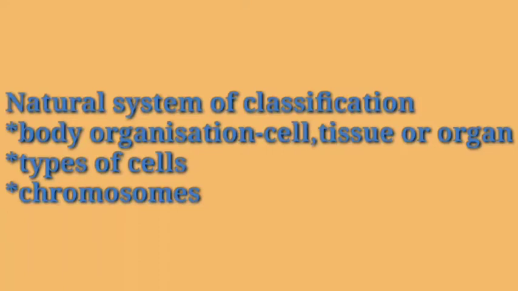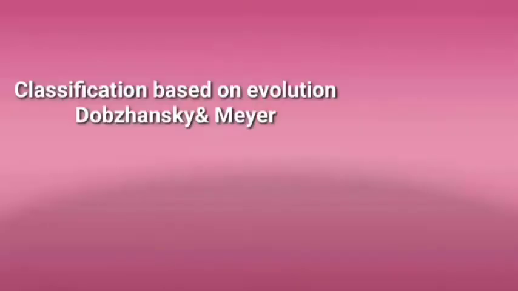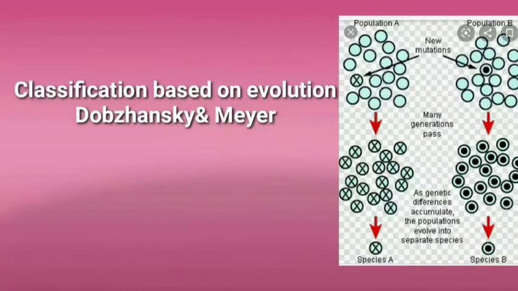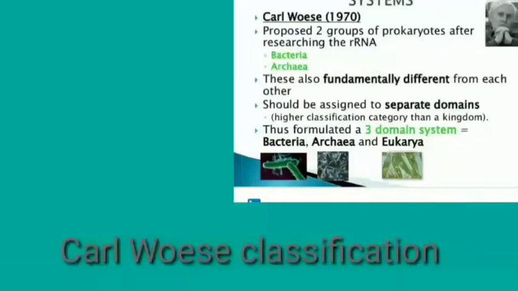Next is types of cells and chromosomes, etc. Certain characteristics were considered in this natural system of classification. Later on, a system of classification based on evolution was brought into practice by Dobzhansky and Mayer. Now, due to sudden changes in the genetic material, that is called as mutations, a new species can come into existence. So, this is the basis for the evolution of a new species.